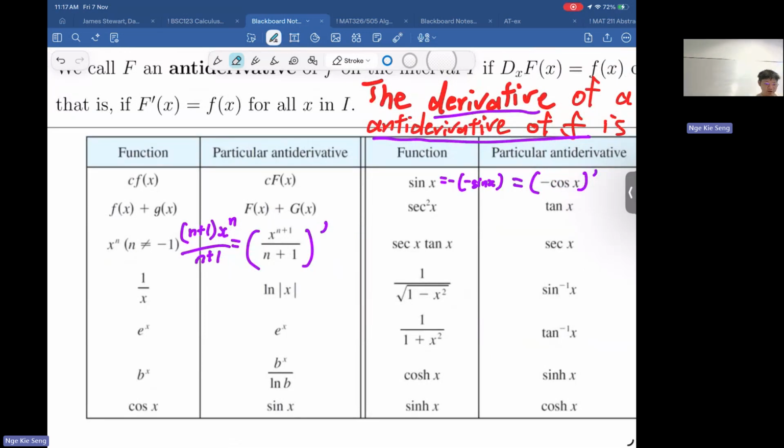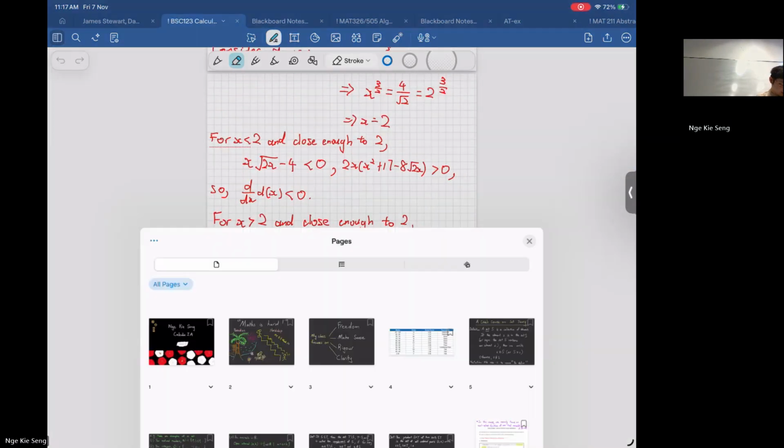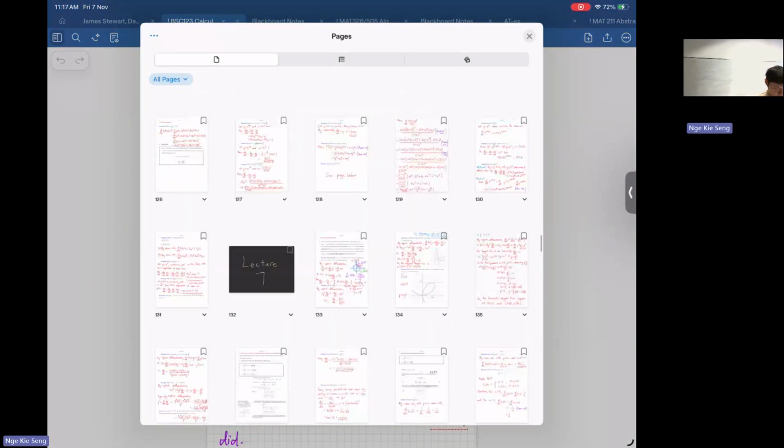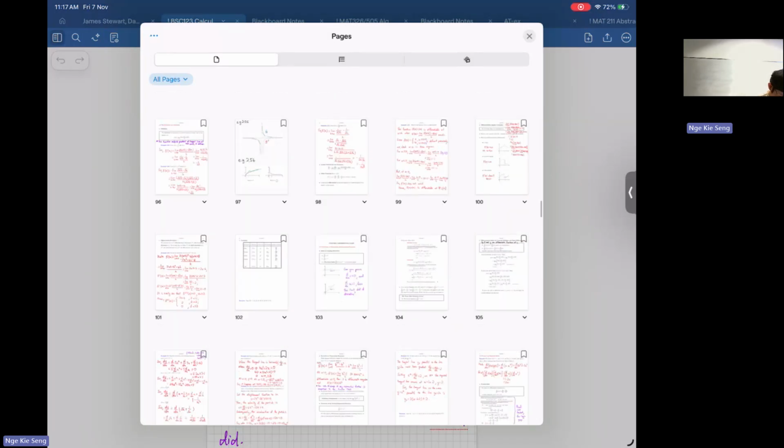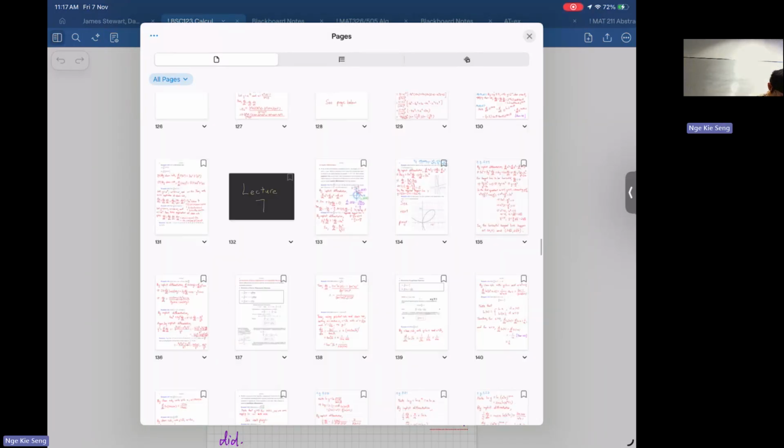So for the rest, you can see that this table is the opposite of the derivative table you had last time. Shall I bring it up for you? Maybe I bring one of them up. Let's go to the three goal topics. Those are derivative.